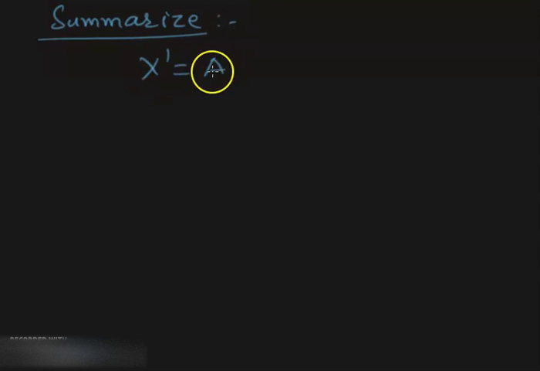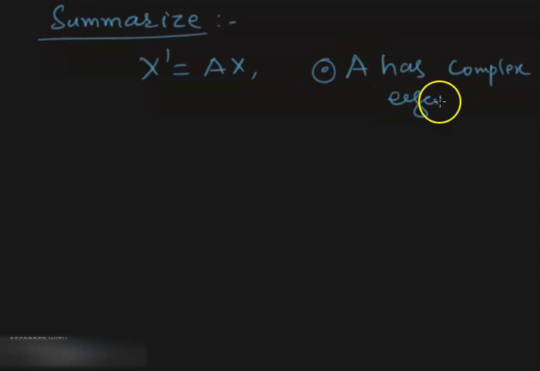So what we did, let's summarize it. We are given the system x prime equals Ax, and suppose A has complex eigenvalues.